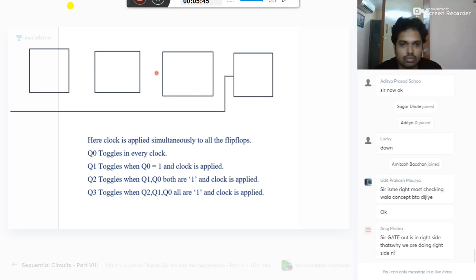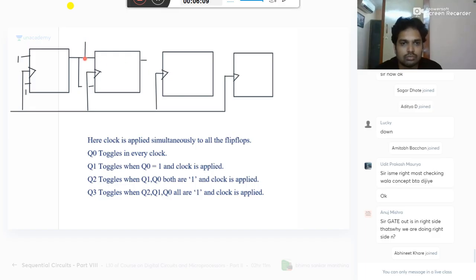It should be edge triggering. So here it is 1 1. And now from this point you should take one more AND gate and give it.